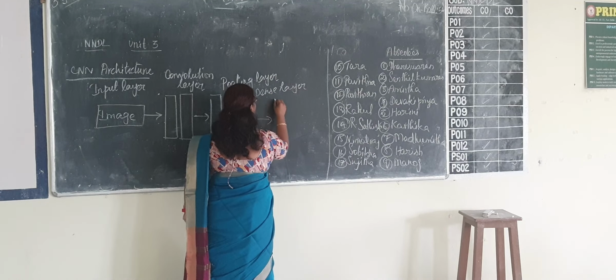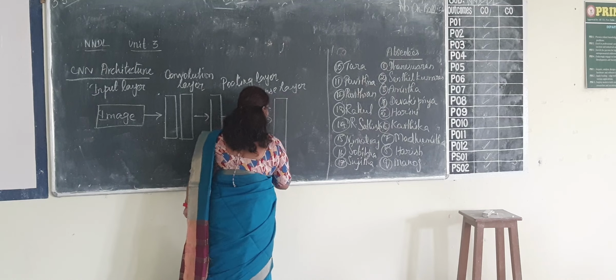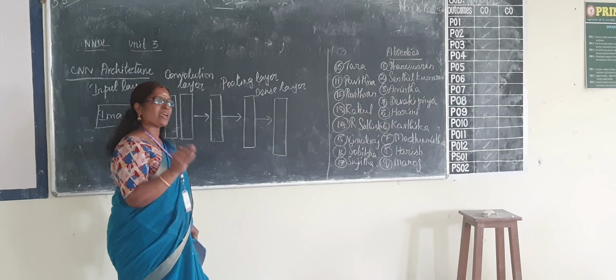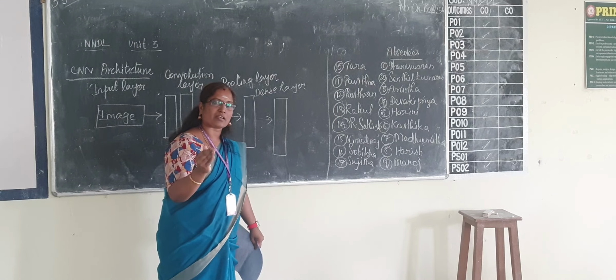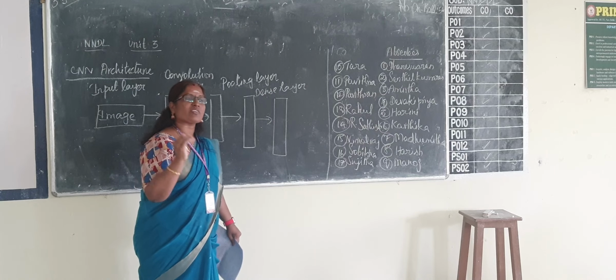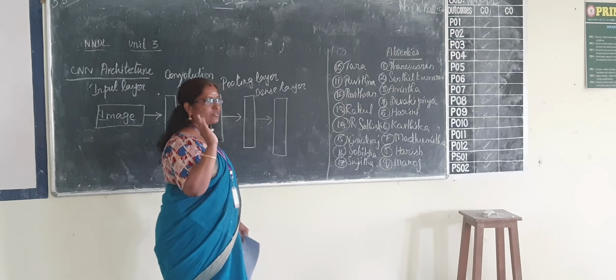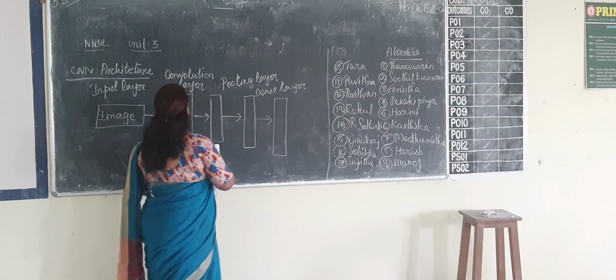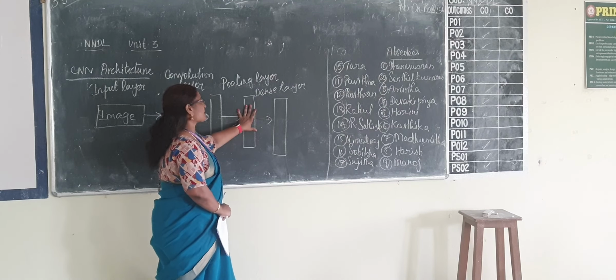If you are using only machine learning, there we convert the image into a vector matrix and then do the processing. Whereas in a deep learning neural network, we process the image directly. You need to register that in your mind. After the convolution layer, our dense layer comes.